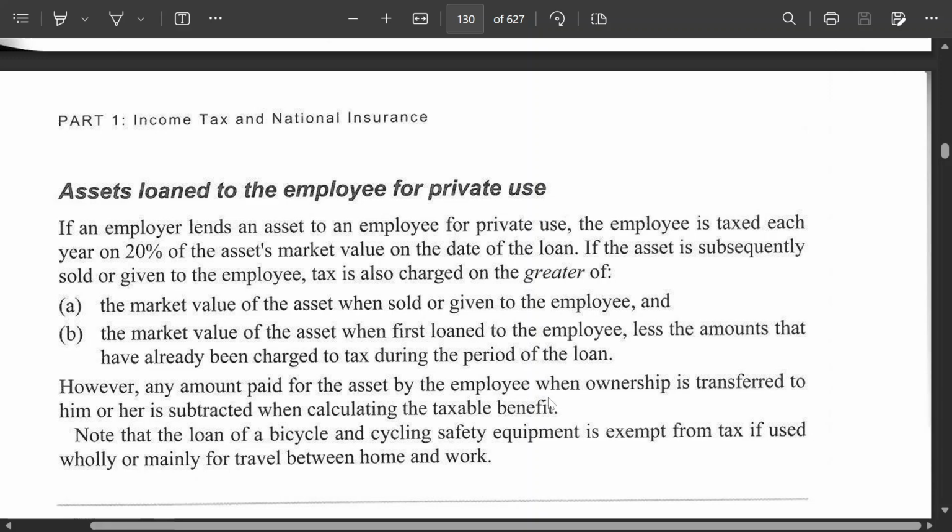So if the employee pays partially for fuel, please remember, do not recognize that payment because he will still be levied the full fuel BIK, whether he pays partially or not. So remember that exception for fuel.